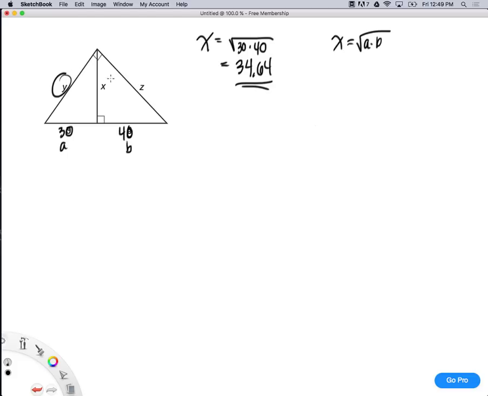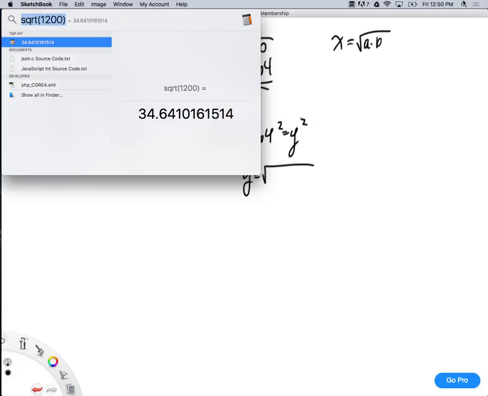How do I find y? I've got 34.64 now. How do I find y? What theorem? I've got a right triangle. Pythagorean. Good. 30 squared plus 34.64 squared equals y squared. Okay. Y equals the square root of this whole thing.